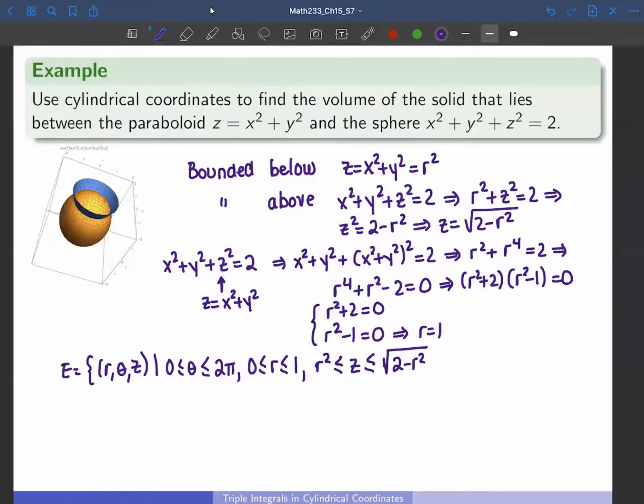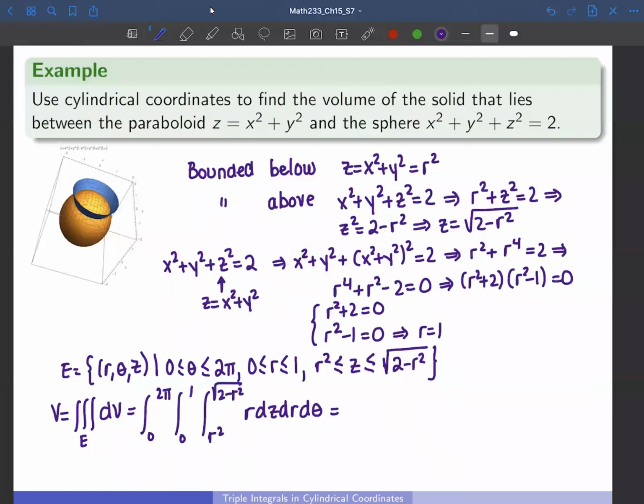And therefore, the volume will be given by the triple integral over the region of dV, which is equal to the integral from 0 up to 2 pi for theta, the integral from 0 up to 1 for r, and the integral from r squared up to square root of 2 minus r squared of r dz dr d theta.